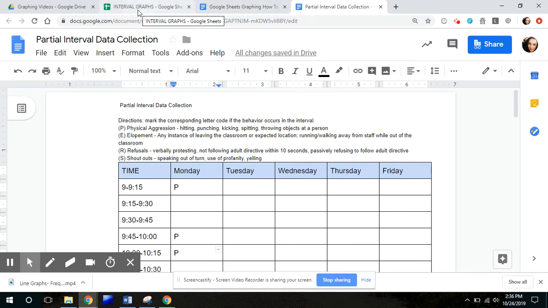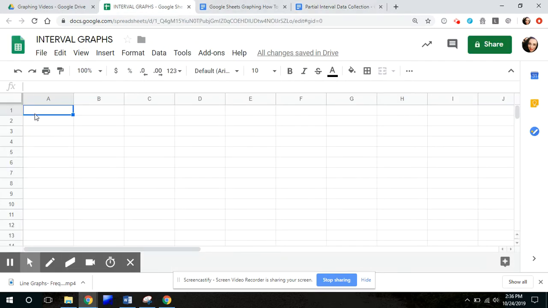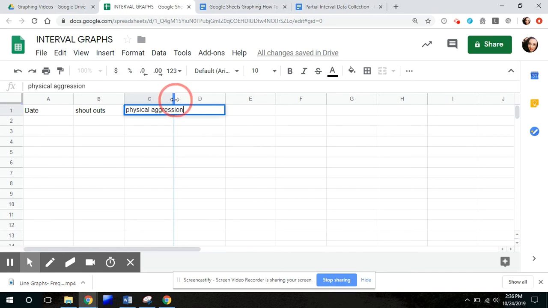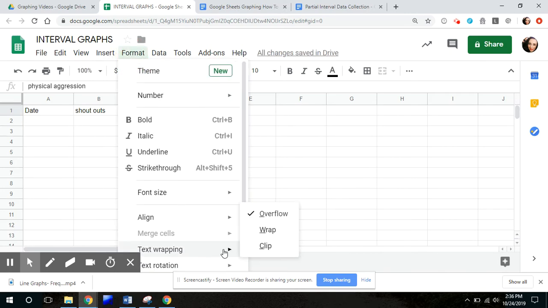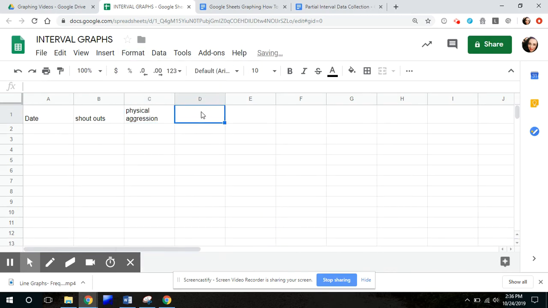And so if I'm going to graph interval data, it's date, and then all the subsequent columns can be my totals by target behaviors. Let's just say that data sheet had shout outs, physical aggression, and elopement.